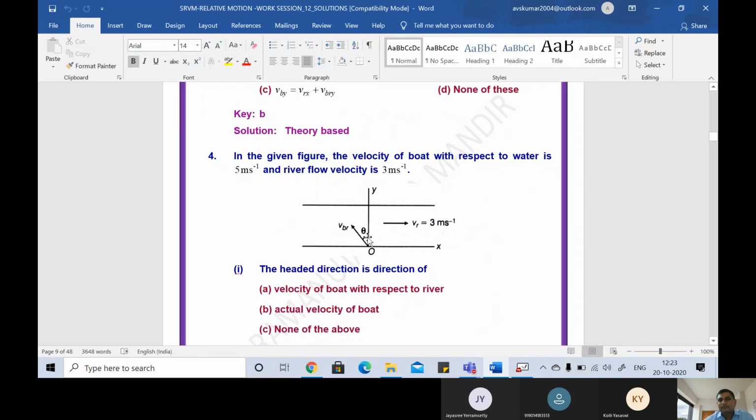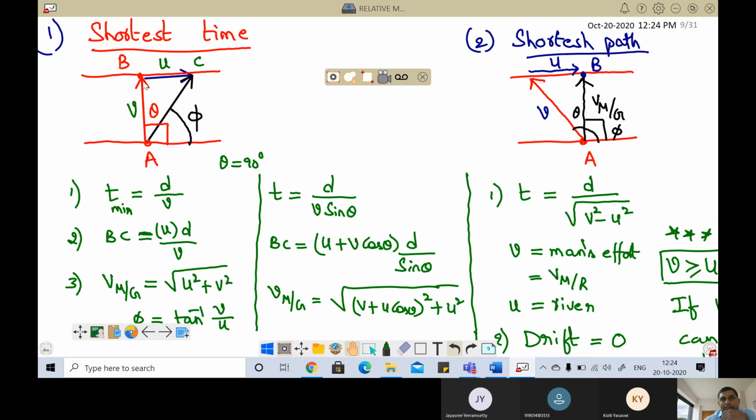What should be this theta now? His effort should be in which direction? Sir, perpendicular. Correct, perpendicular to river flow, correct?